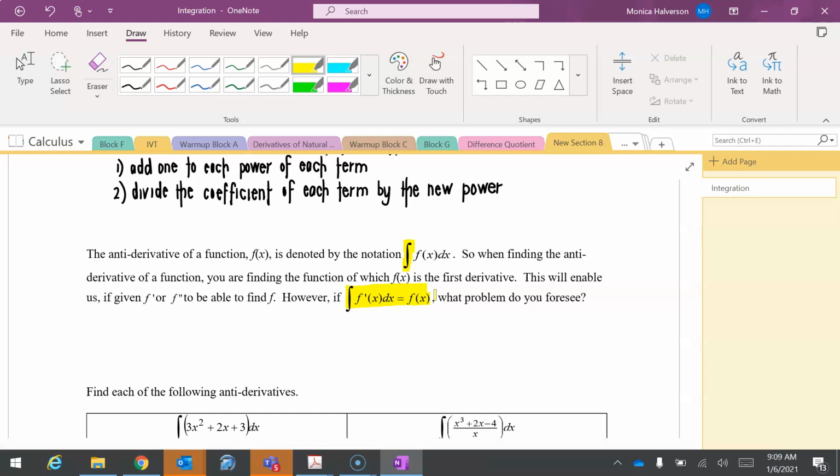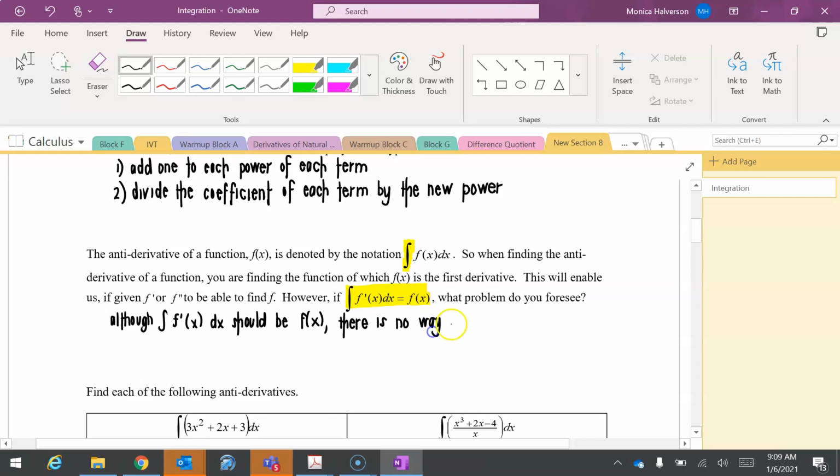And the problem is that although the antiderivative of f prime of x dx should be f of x, there is no way of knowing if the original function had a constant term or not.